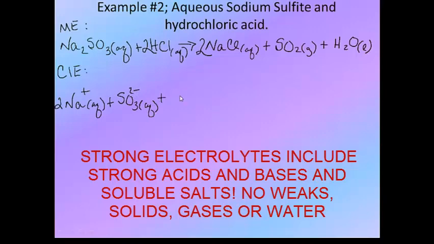Hydrochloric acid is a strong acid, therefore it is a strong electrolyte. It's got a coefficient. The coefficient is multiplied through the entire compound. Sodium chloride is a soluble salt based on solubility rules, and the coefficient is multiplied through the entire compound.